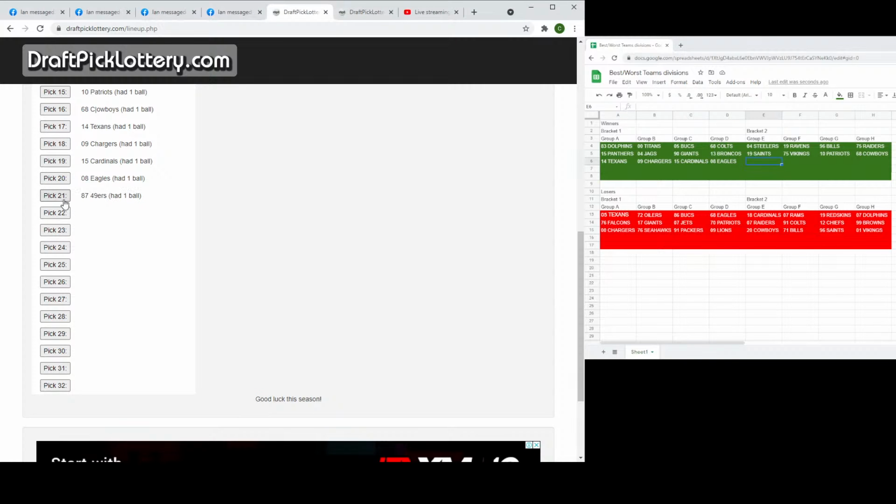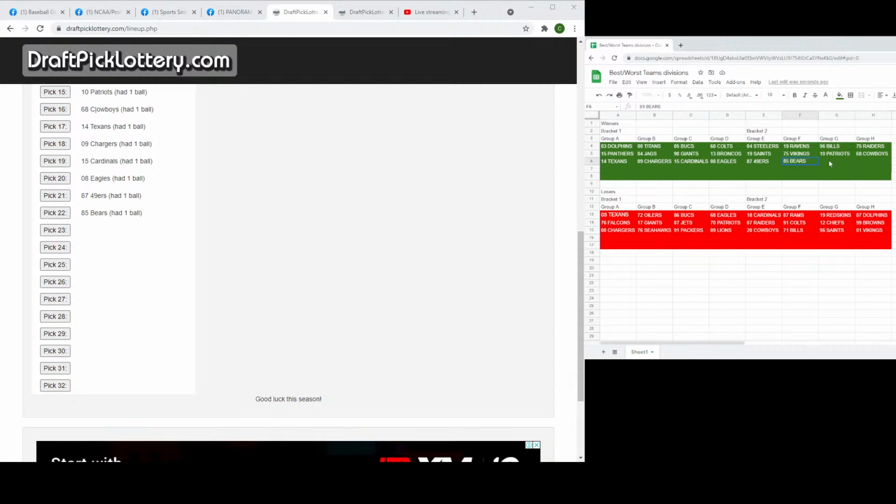Group E. Group E is here we go, the 87 49ers. That is a biggie. They meet the Saints and the 04 Steelers. Man, the Steelers got the raw end of the stick here. The 87 49ers go into this, remember, by percentage points. They beat 1989. Group F, the 85 Bears.